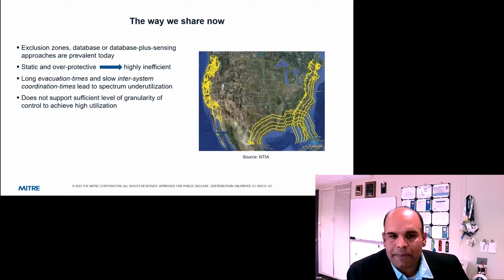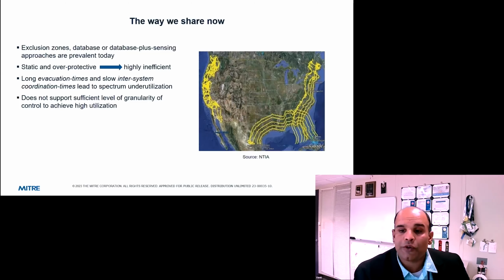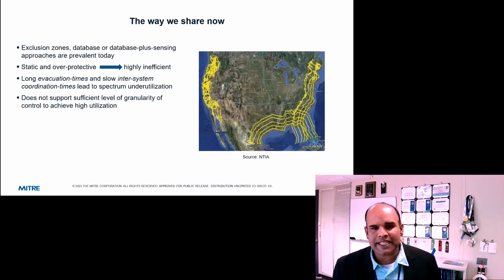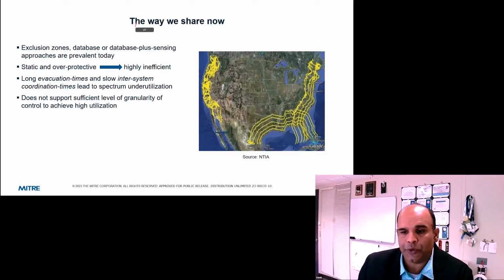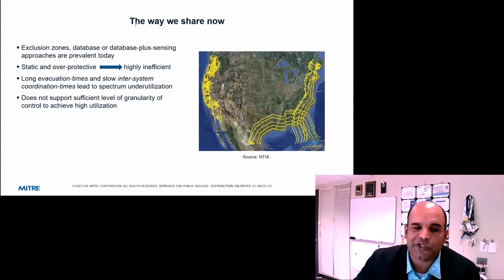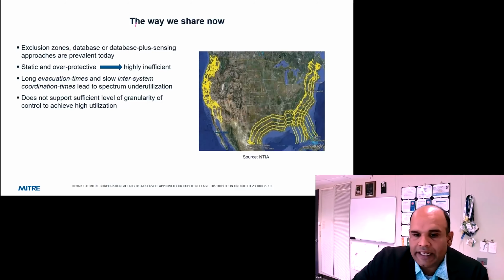The exclusion zone is a very simple technique where the geographical area in the vicinity of the incumbent is protected. It is the area where the licensees are not allowed to have active radio transmission. So it's basically a geographical separation that you do. Very static, very simple to use, but it's also very inefficient. And the problem is that spectrum is a very scarce resource, and we cannot let any sort of inefficiencies in the operation.